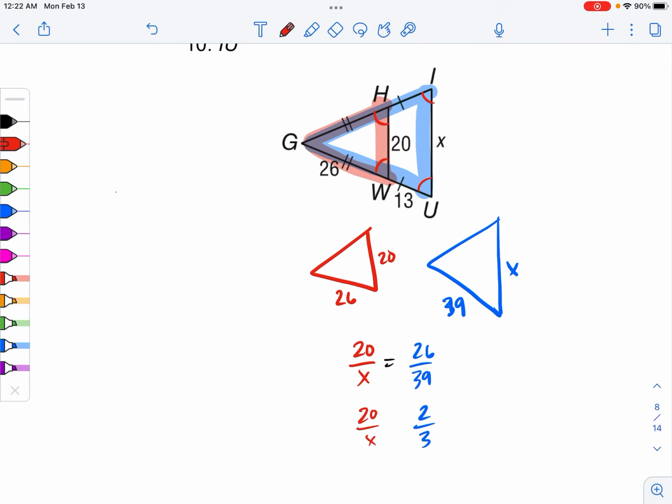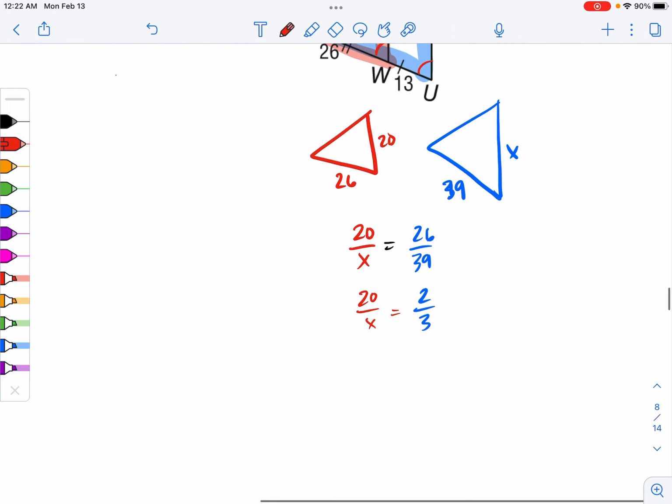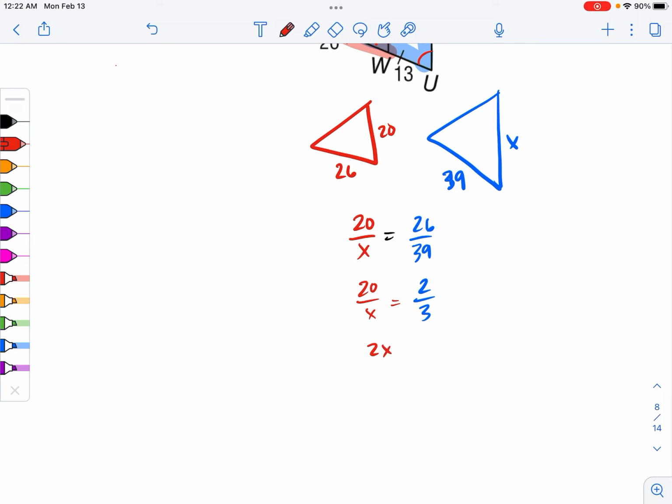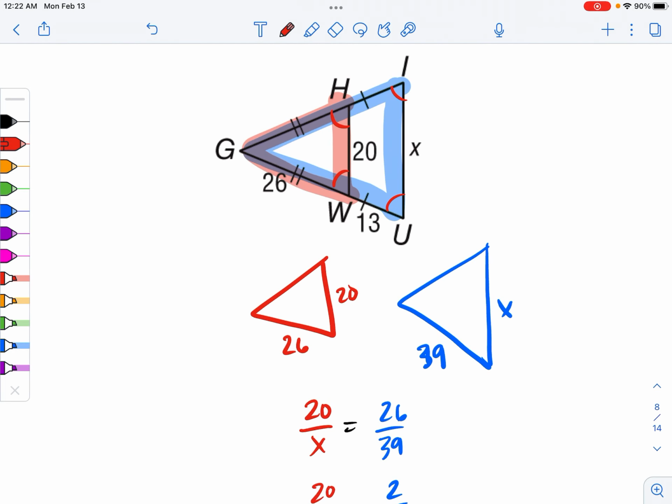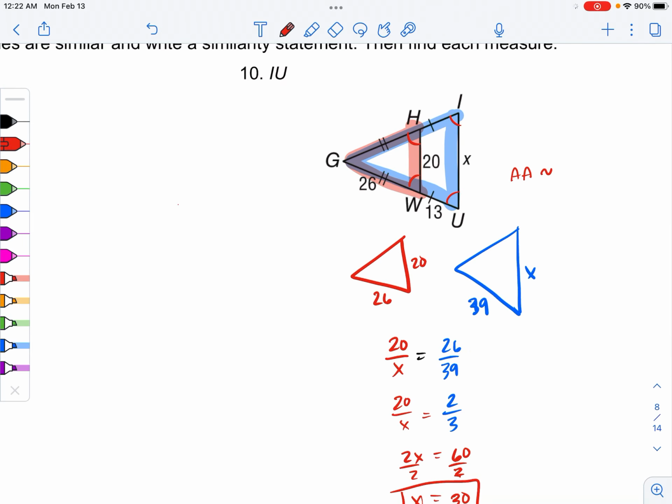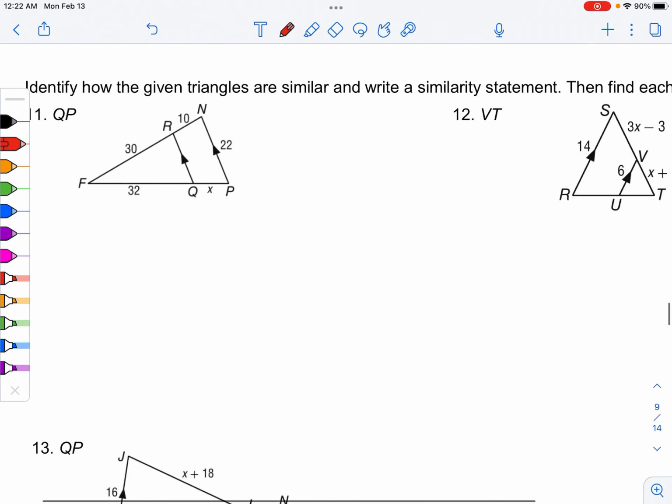Let's keep this in order. 20 over x is equal to, cross multiply, you should get 2x is equal to 60. Divide by 2, divide by 2. X is then equal to 30. Okay. So these are in fact, I'm sorry, I forgot to do this. They are congruent or similar by angle. Okay. All right.